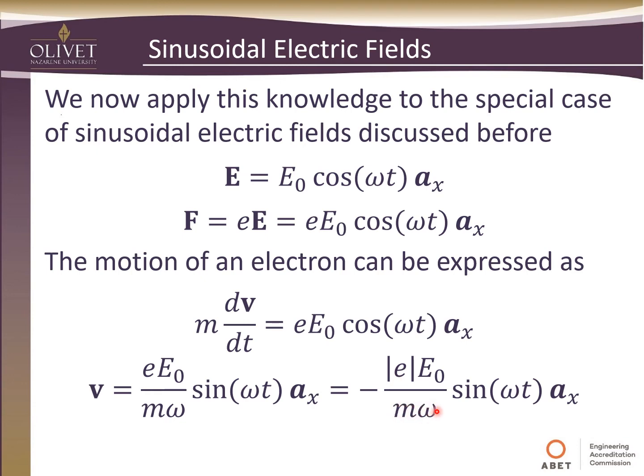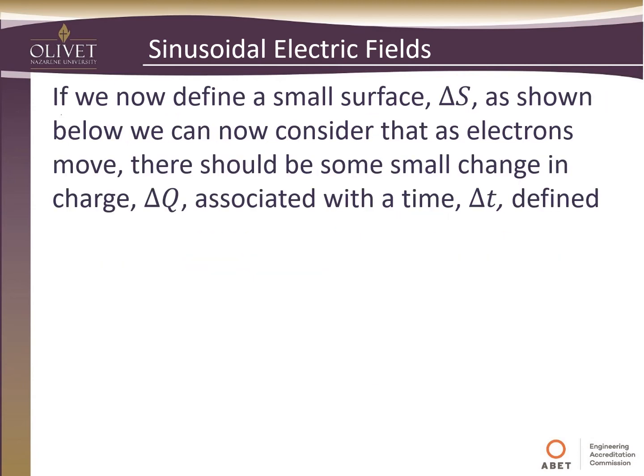So the higher the frequency, actually, the slower the velocity. One thing to keep in mind here is that when we did this integration, our constant c went to 0 because we assumed that the electron was at rest before it was subjected to the electric field.